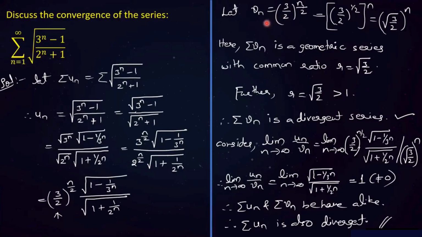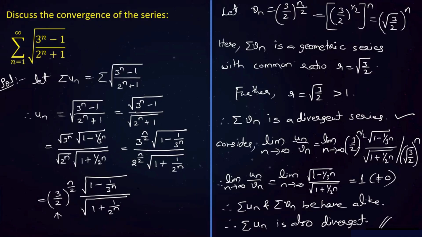If I take this as Vn, 3 by 2 whole to the power of n by 2. In fact, you see, for your convenience, we can also write it like this. As I told you a few minutes ago, when you have a to the power of m whole to the power of n, it is a to the power of mn, right? So the same for our convenience. Now we are just going it back, right?